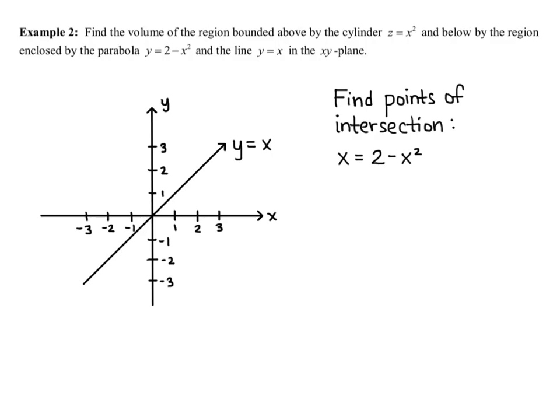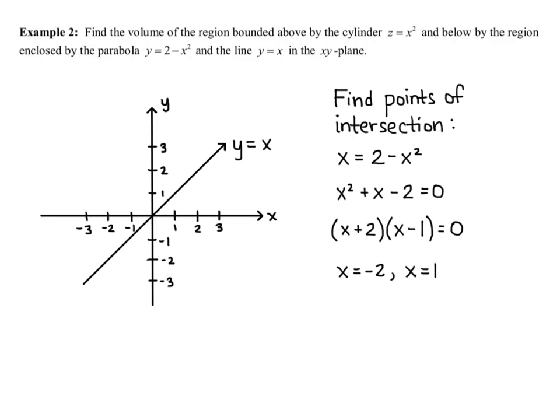Bring all terms to the left side of the equal sign to get x squared plus x minus 2 equals 0. This quadratic factors as the quantity x plus 2 times the quantity x minus 1 equals 0, which produces the solutions x equals -2, and x equals +1.